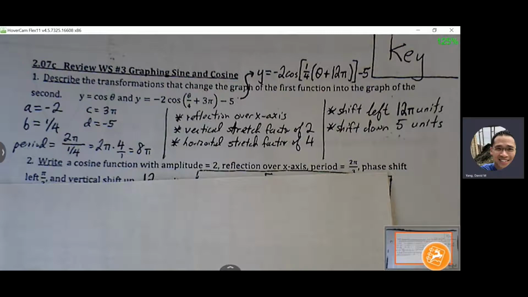Horizontal stretch is what your new period is versus your old period. So if I go from 2 pi to 8 pi, that means there's a horizontal stretch by a factor of 4. So basically, it's just going to be the reciprocal of whatever number you see here.